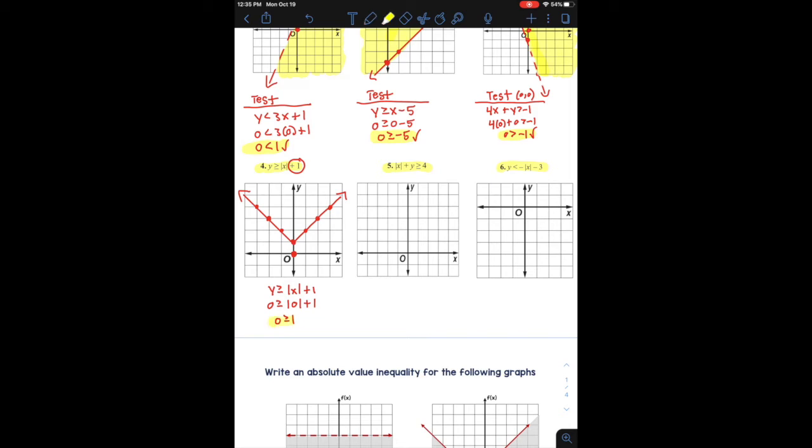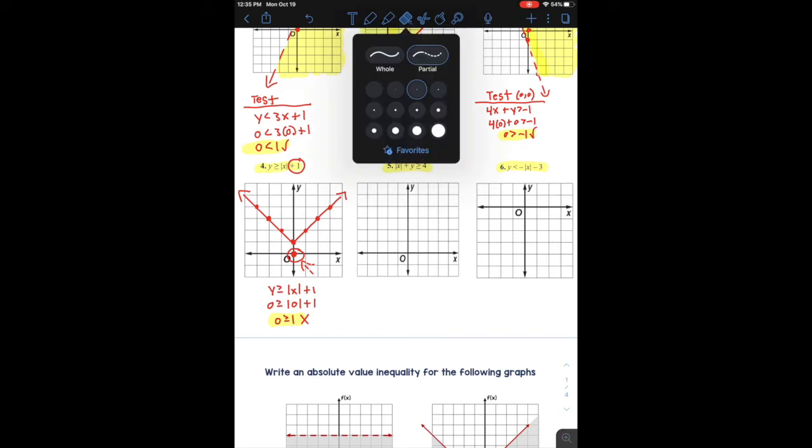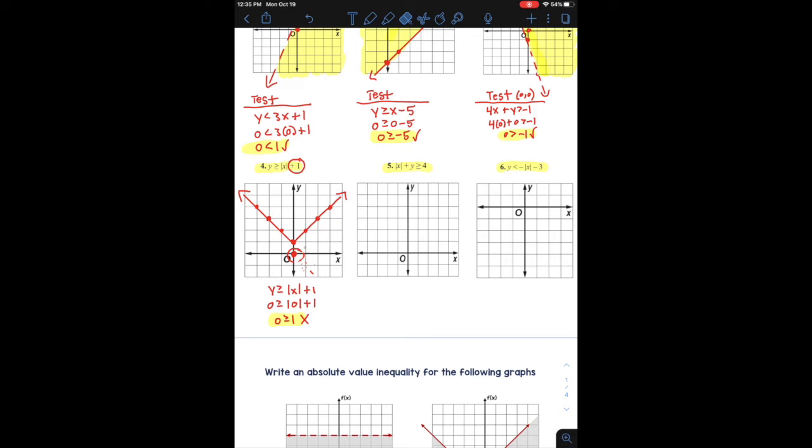Ask yourselves, is this true? Is 0 greater than 1? No, it's not. Therefore, the point that we just tested is not a solution. In addition, nor are all the ordered pairs on that side of the line or of the graph. So we're not going to shade outside that V or outside the graph. We are going to shade inside.